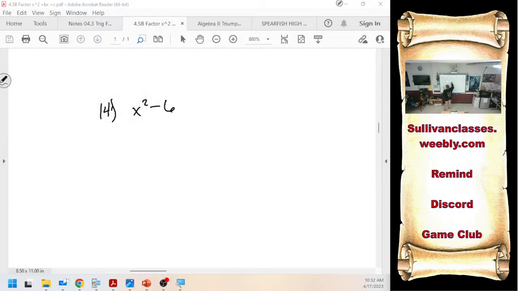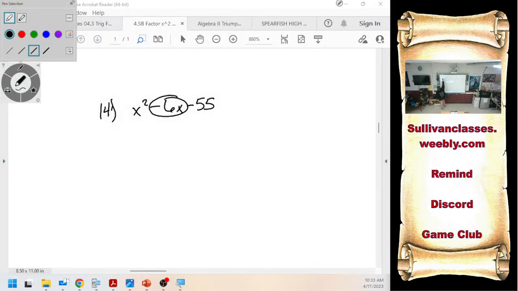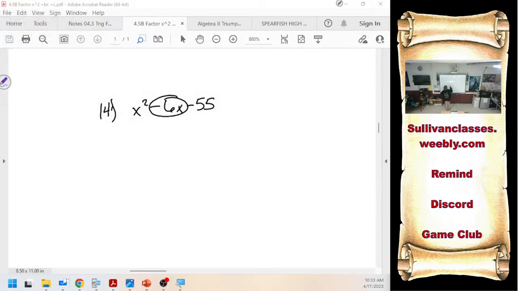Don't just find a thing that works. 4 by 14, 4 by negative 14, 7 by 8, 7 by negative 8. These are all the ways. You got to find which of those multiply to negative 56. What's the magic combo that adds up to 1?